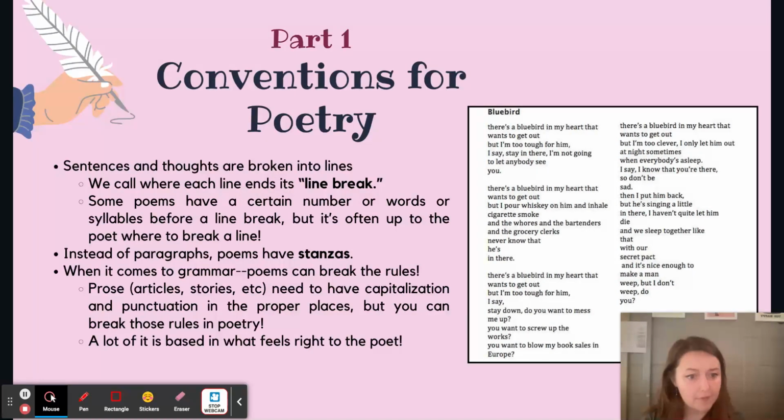It can emphasize the important things. But wherever the line ends and goes to the next, so like here, there's a bluebird in my heart that wants to get out. Those are line breaks. So there's a line break between that and wants. Now, some poems have rules about a certain number of words or syllables before you have a line break, but a lot of times this is up to the poet on where to break a line. If you're writing free verse, it's wherever it feels right.